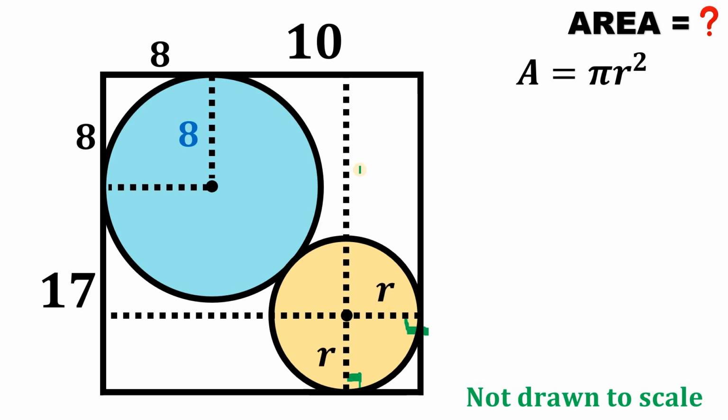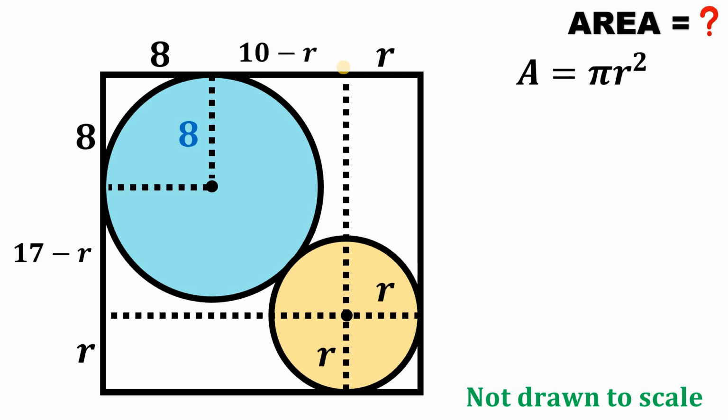Since we extended this part, this is r, and this part is also r. From here to this point is 17 units, and this part is r, so the remaining part is 17 minus r. We do the same thing on the top. This is r and the whole thing is 10, so this part is 10 minus r.